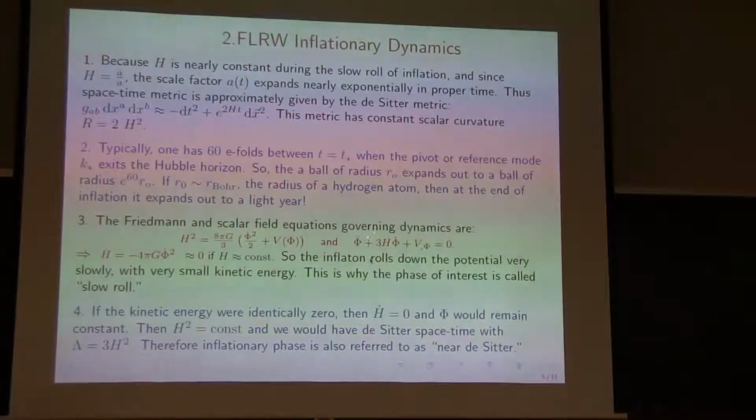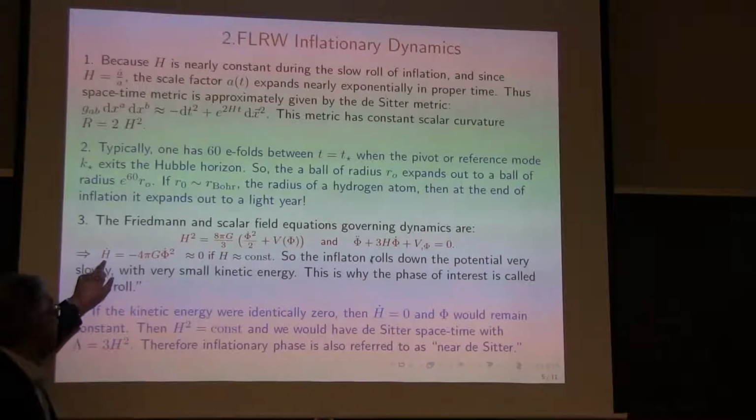And then for the scalar field, we have the Klein-Gordon equation, which is written down here in terms of proper time instead of conformal time. So these two equations imply that H dot is about minus 4 pi times G times phi dot squared.